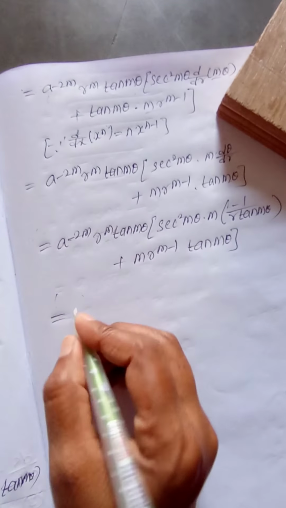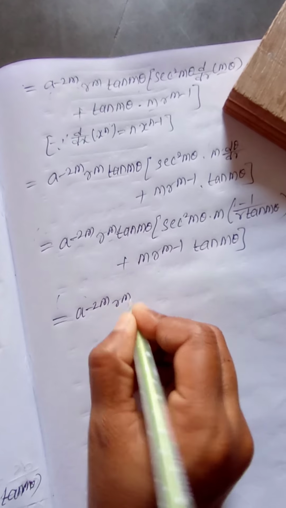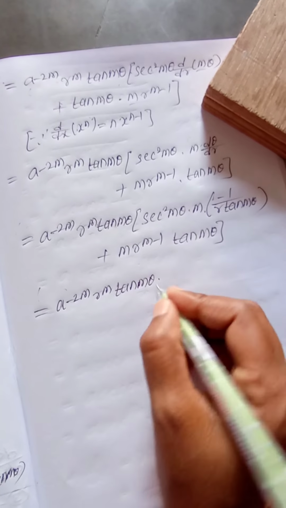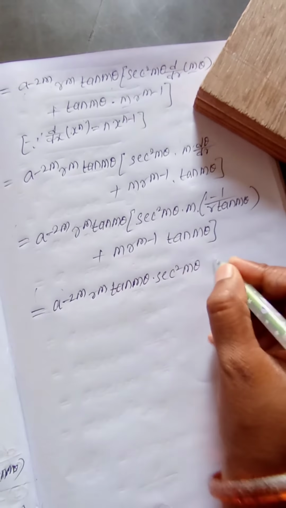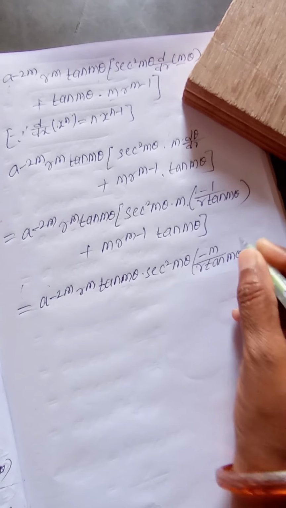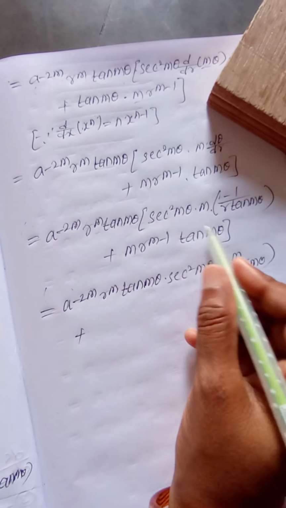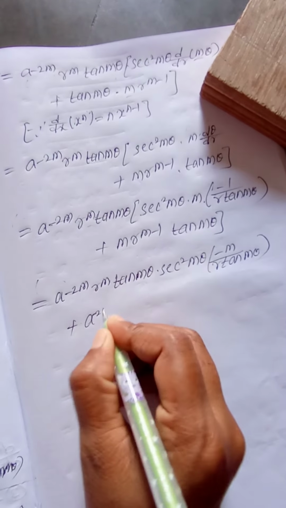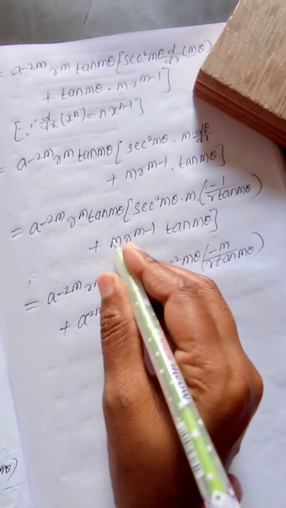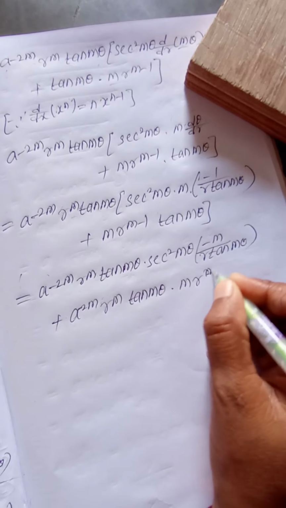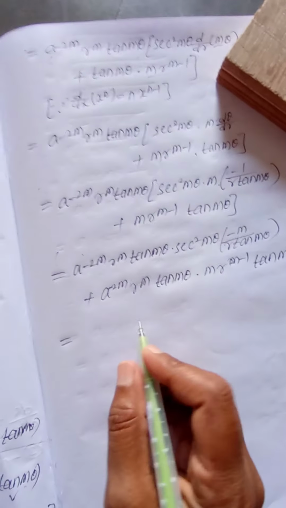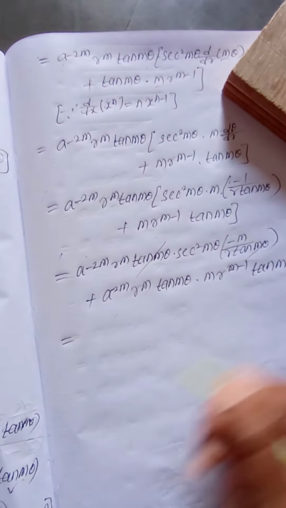So this is a to the power of minus 2m, r to the power of m, tan m theta, into secant square m theta, into minus m by r into tan m theta, plus multiply this term by the second term: a to the power of minus 2m, r to the power of m, tan m theta, into m into r to the power of m minus 1 tan m theta. So that equal to, here tan m theta gets cancelled.